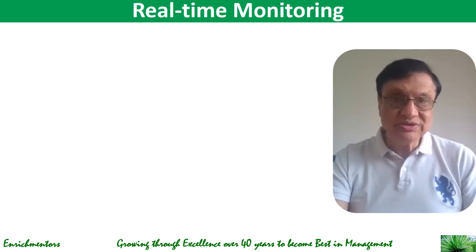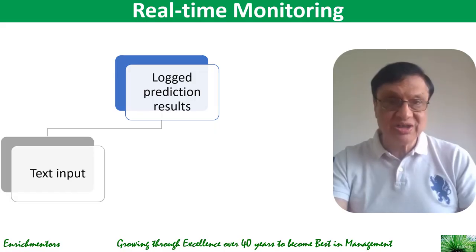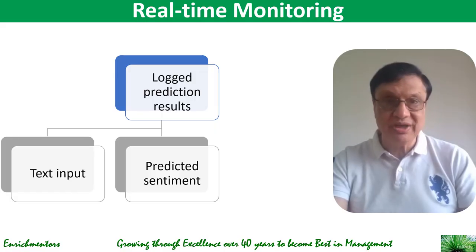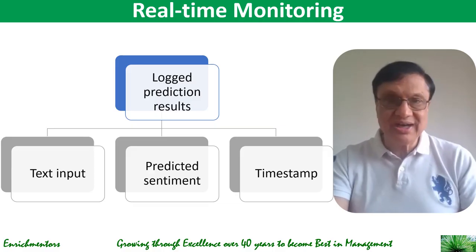Then they continuously monitored the model predictions and performance metrics in real time, logging prediction results, specifically text input, predicted sentiment, and the timestamp. That's how they started the real-time monitoring.